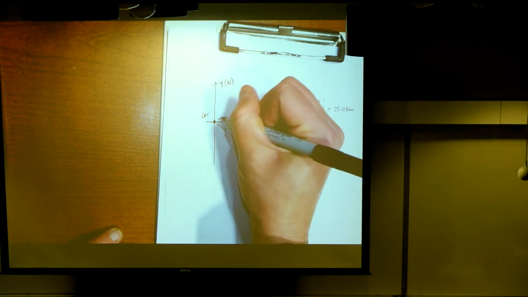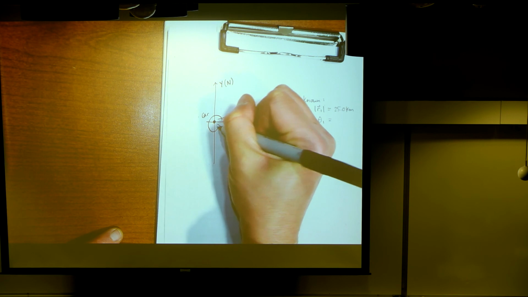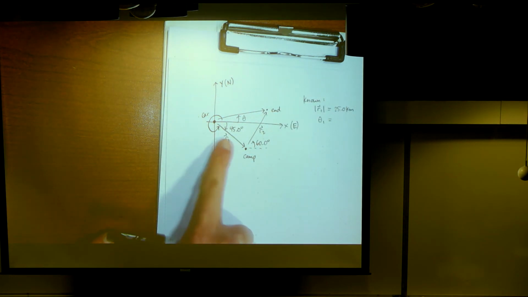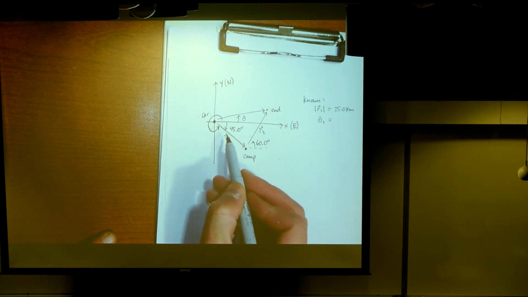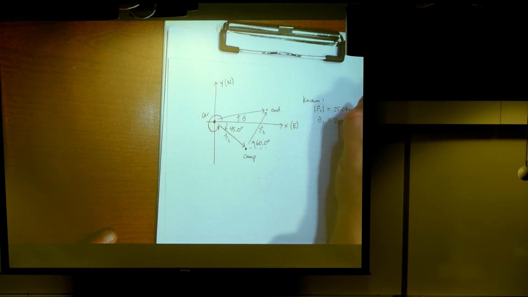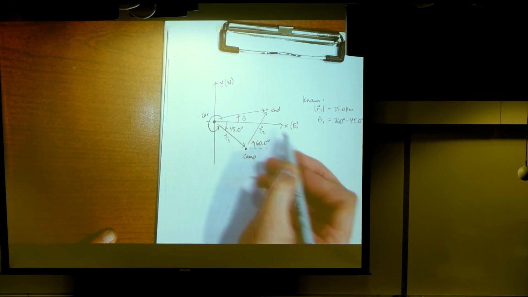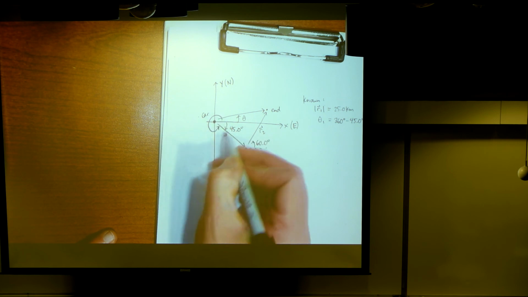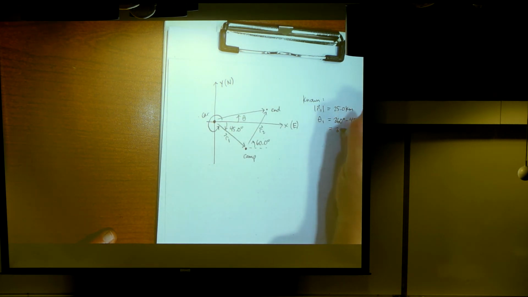Yeah, so here, let me explain what I mean. What I actually want is this angle, which goes from the positive x-axis all the way around to this vector. So that would be 360 minus 45, because you have 360 and 45 adding, or you have this angle and 45 adding to 360, and that gives you 315 degrees. Okay?